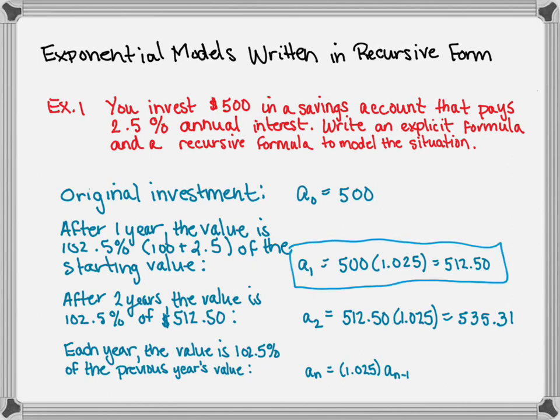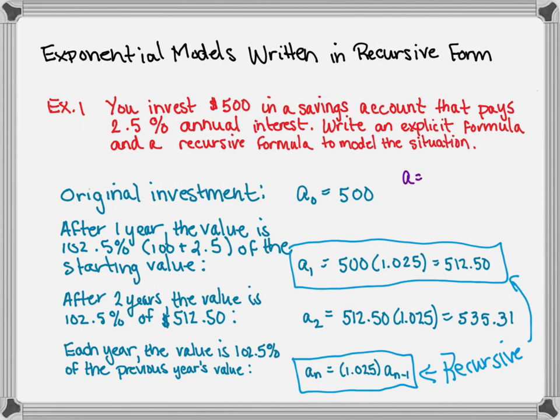So together, this A sub 1 value and our A sub n value form our recursive definition. So we know A sub 1 equals 512.50, A sub n equals 1.025 times A sub n minus 1.